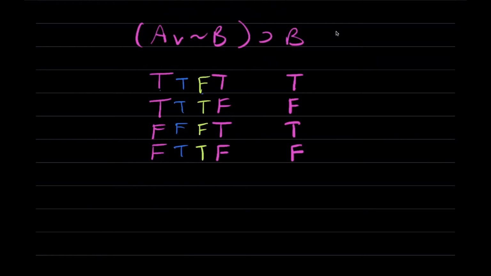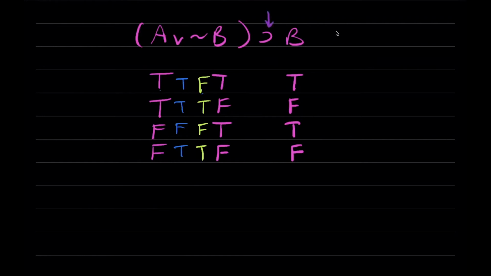So now we're in a position to figure out the value for the main operator. And I'm going to pick a prettier color here to use. Let's use lavender. So the challenge when doing truth tables is always figuring out which two columns you need to look at to figure out the value for any given operator.